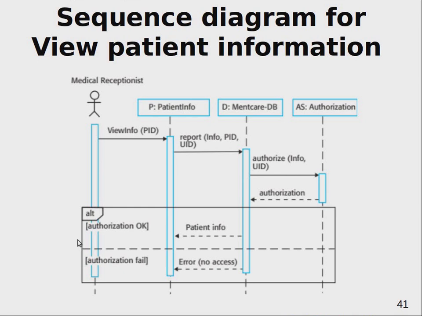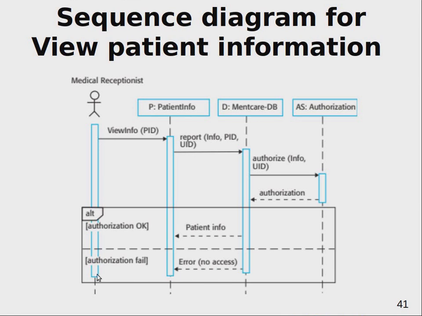If it's not okay, then, so here you have these two different modes of operation. One is success mode, when authorization happens successfully, then this part of the system is executed. If authorization fails, then it is the failed mode of operation and it returns error no access.